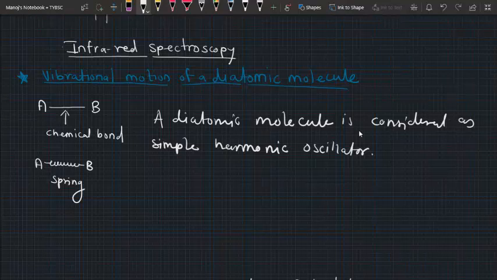Let us further assume that one end of this bond is fixed and another end of the molecule oscillates or vibrates about the mean position. When an atom vibrates about the mean position, then we can find out the vibrational energy of the molecule.